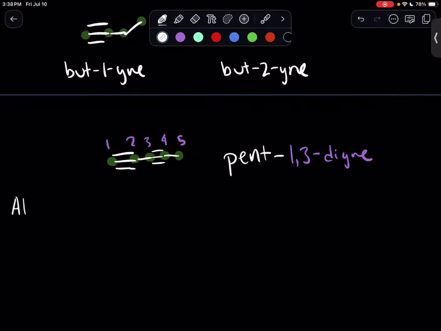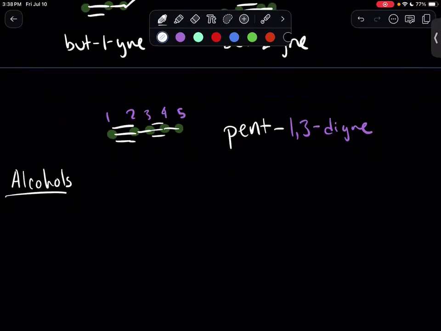Moving on to alcohols. If you haven't noticed, this is going to be quite a long video today. So alcohols, these just append to the parent chain.